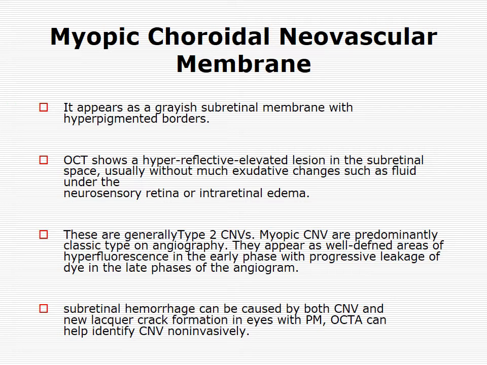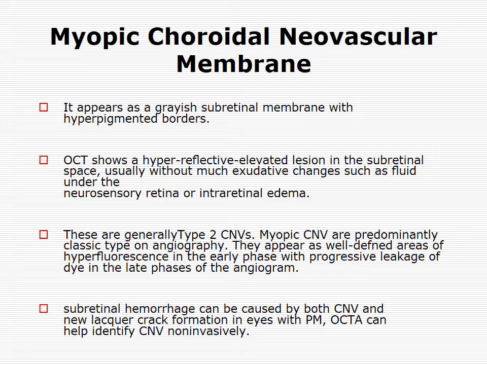These are generally type 2 choroidal neovascular membranes. Myopic choroidal neovascular membranes are predominantly classic type on angiography. They appear as well-defined areas of hyperfluorescence in the early phase, with progressive leakage of dye in the late phase of the angiogram.